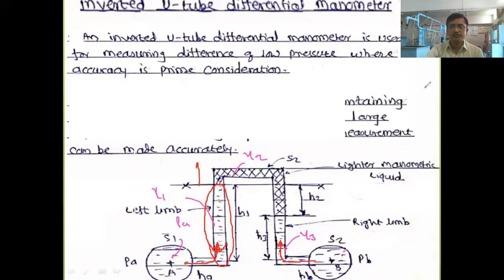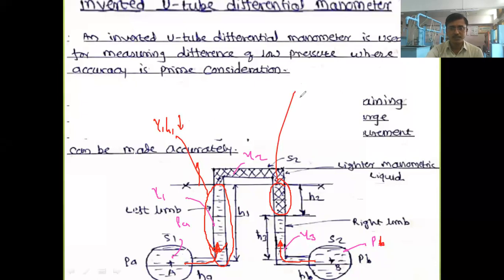Give the answer quickly. Downward direction, correct. What is the reason? Because gravitational force is acting on it. That weight will act in which direction? Downward direction. So here it is acting in downward direction. What is that pressure intensity? Gamma 1 H1, acting in downward direction. What about this gamma 2 H2 pressure intensity?